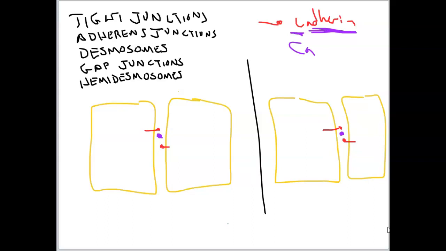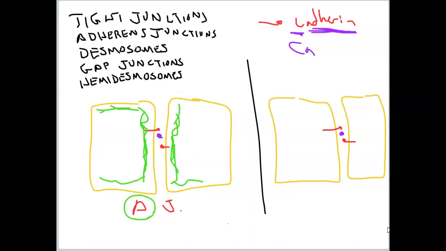In adherence junctions, here on the left, the cytoskeleton component that is linked to these cadherins is actin. And the way that I remember that is A for adherens, A for actin. So adherence junctions use actin in their cytoskeletal component.